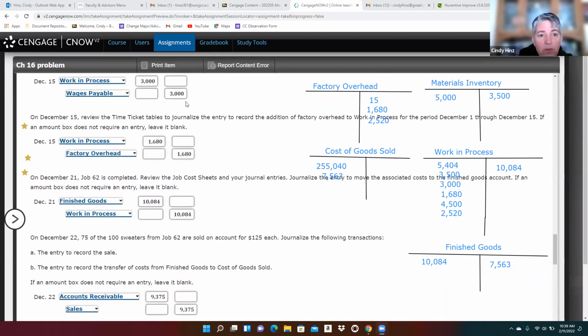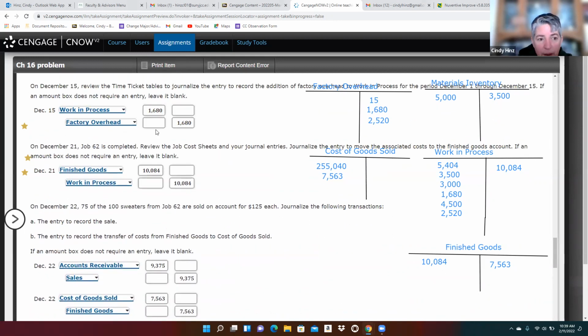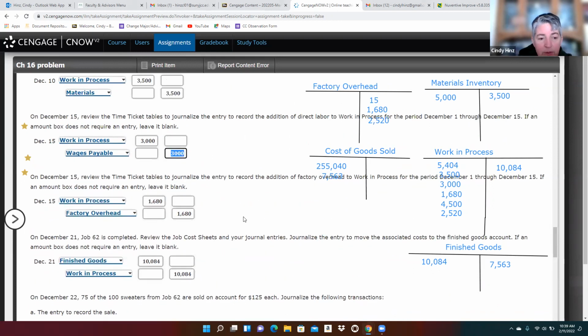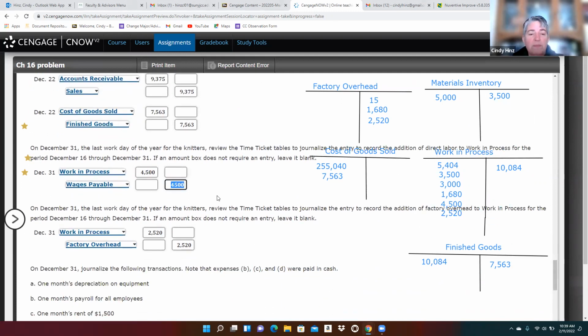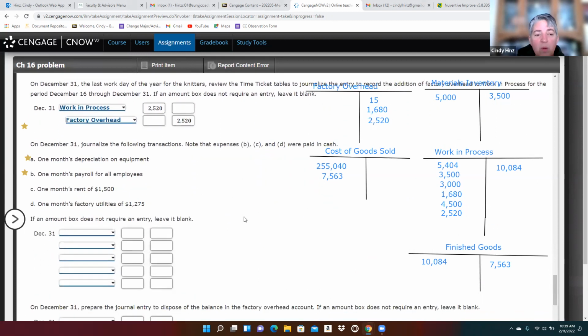We have 3,000 here on December 15th that we put into wages payable, and then on December 31st, we put another 4,500 into wages payable. So now that we are going to pay those employees, we will no longer owe that money, and so we need to clear out that wages payable.